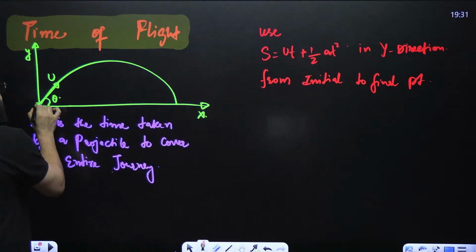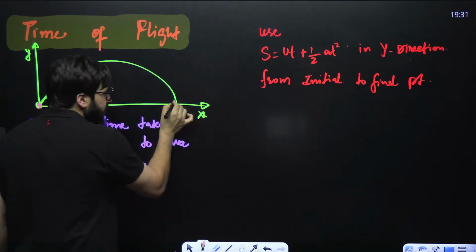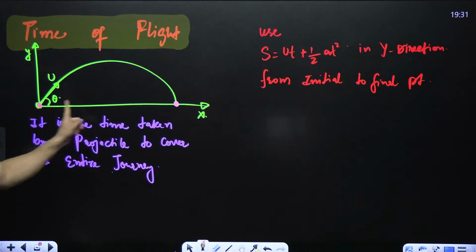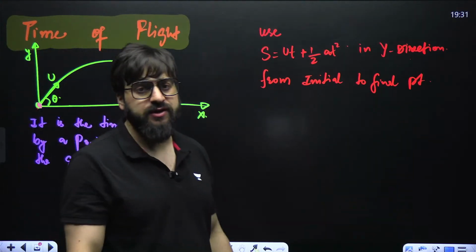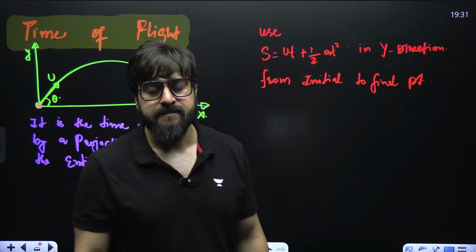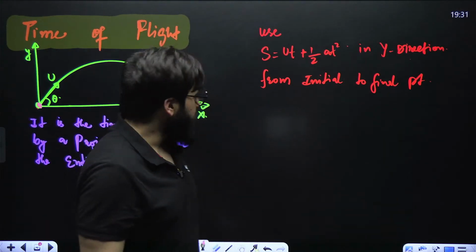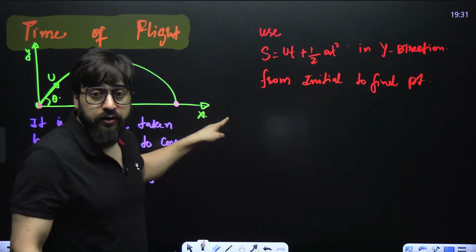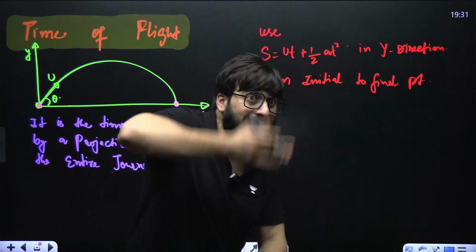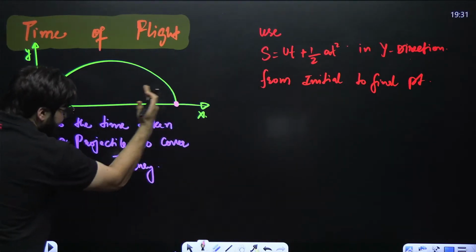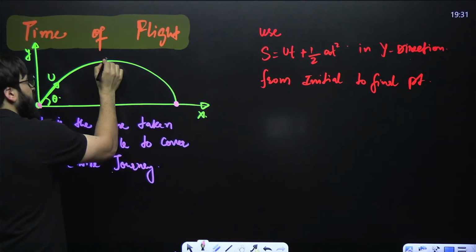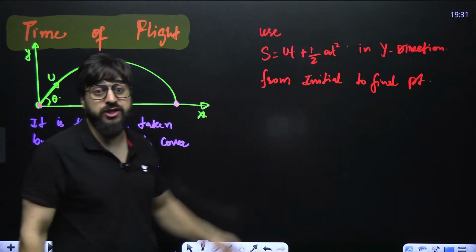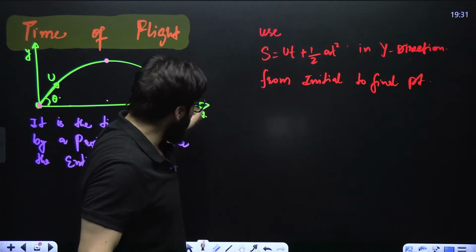If particle is launched from this position and it has reached this position, could you please tell me in this particular case, how much is the displacement in y direction? Don't you think it is zero? Why? Because initially it was on the ground. Finally it is on the ground. So we said displacement in y is zero, but displacement in x is something. If the particle was here, then I would have said yes, displacement in y direction is maximum. But finally also it is zero.